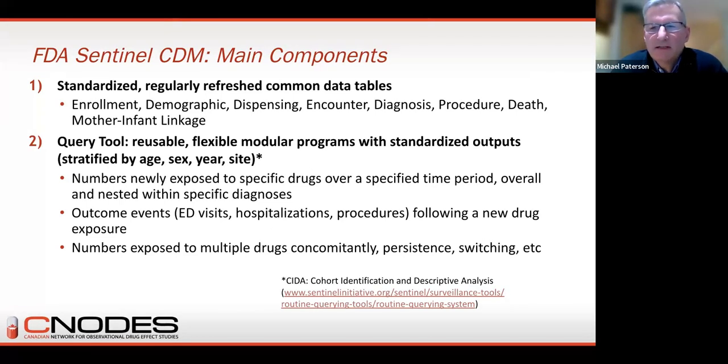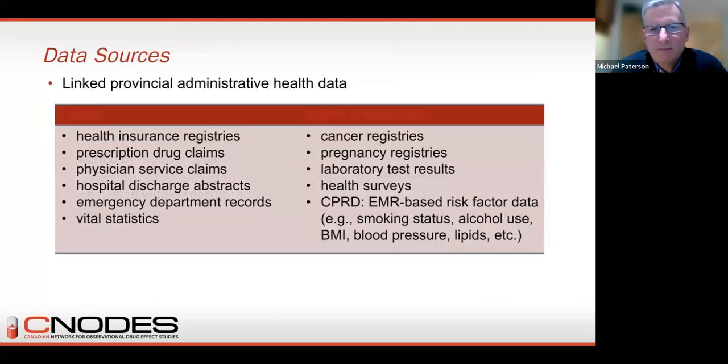Alex, if you wouldn't mind just turning back just for a second. I'm just going to recap the core administrative data sources that we're going to talk about that we've used for the development of our Canadian transformation of the Sentinel Common Data Model.